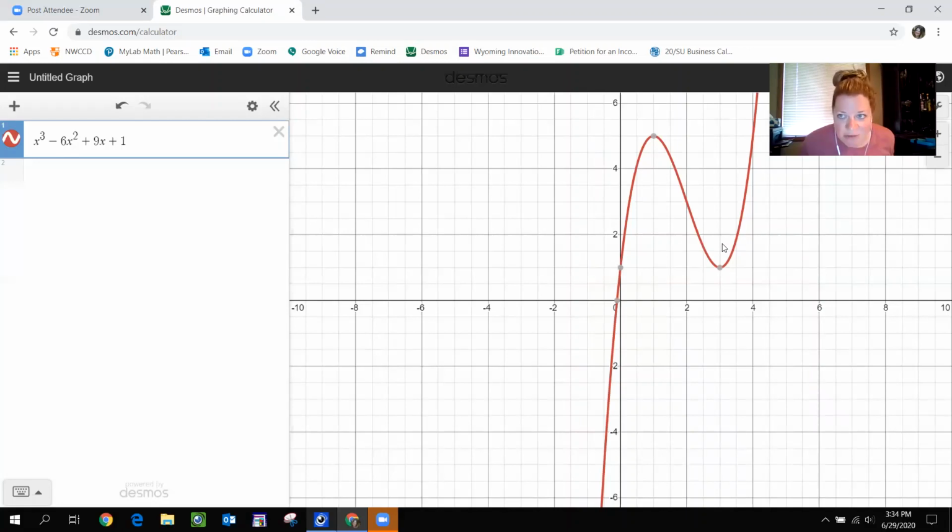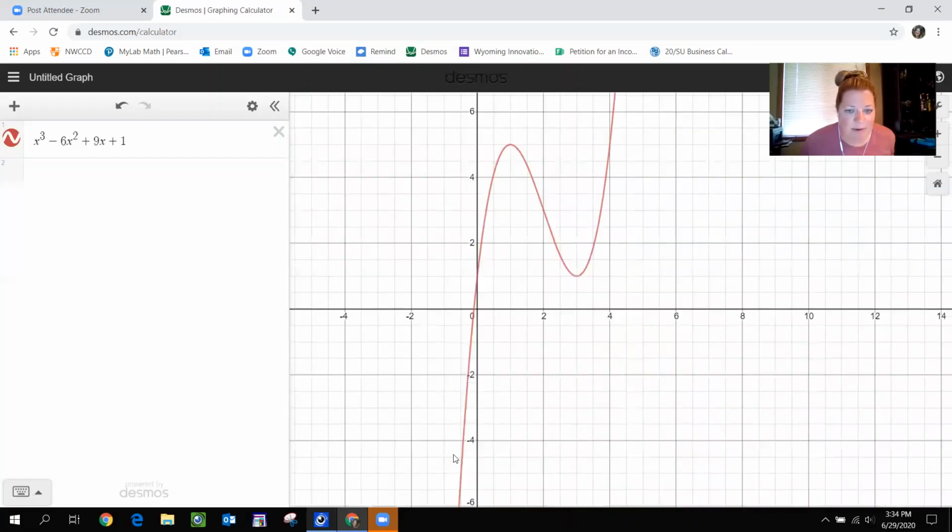Now finding my derivative said we're increasing until 1. Isn't that what we got? Why did I think 3? Till 0. Oh, it is 1. I think I wrote it down as 0.